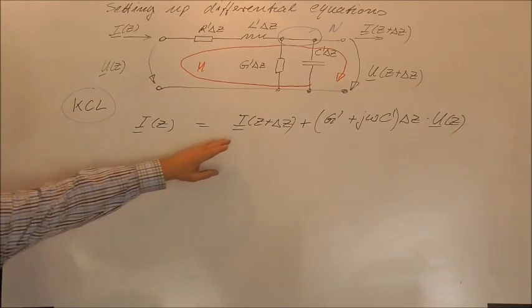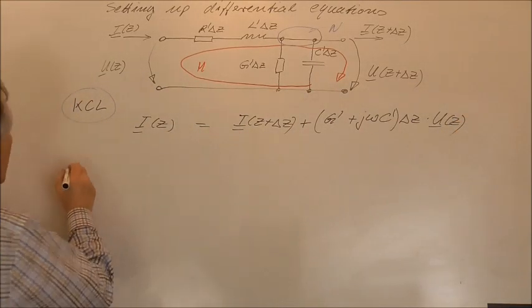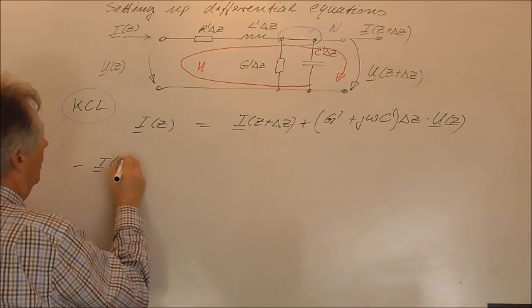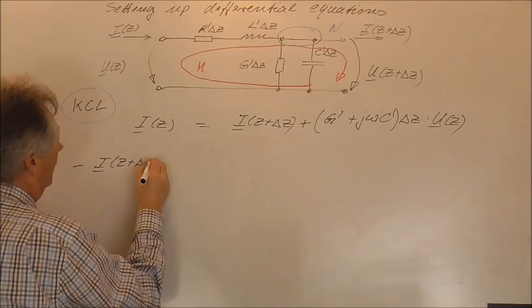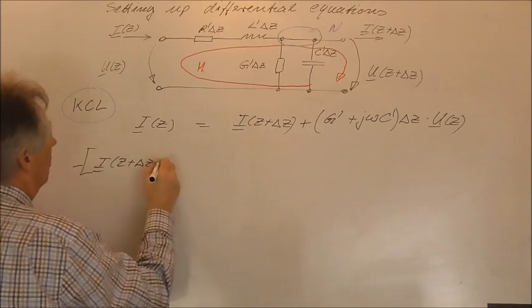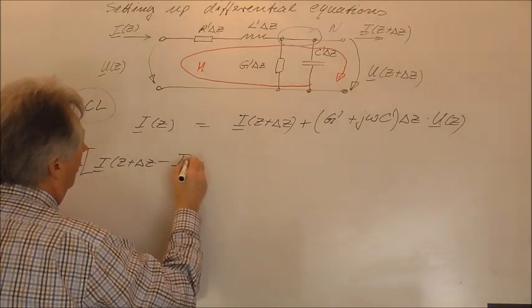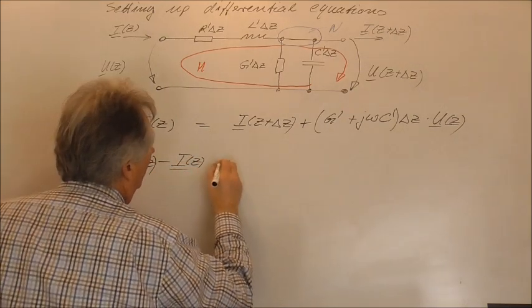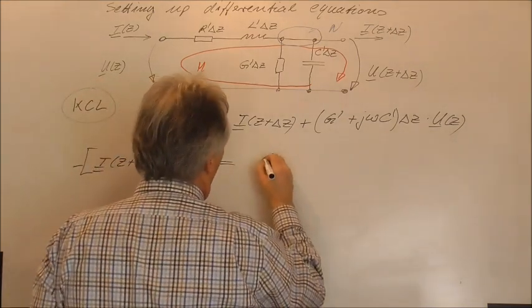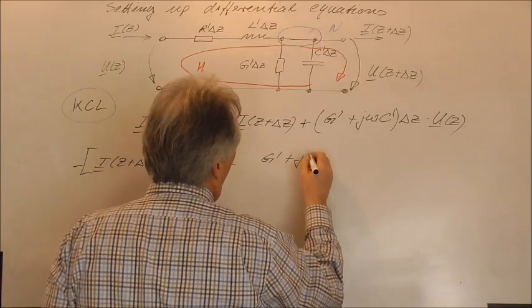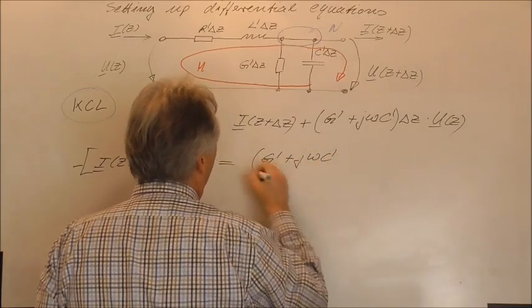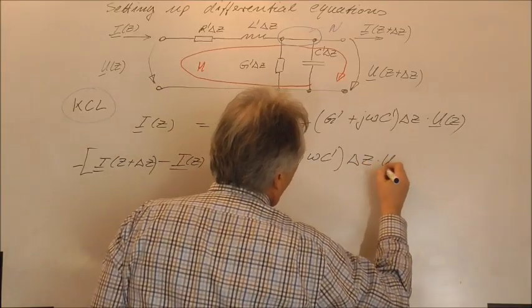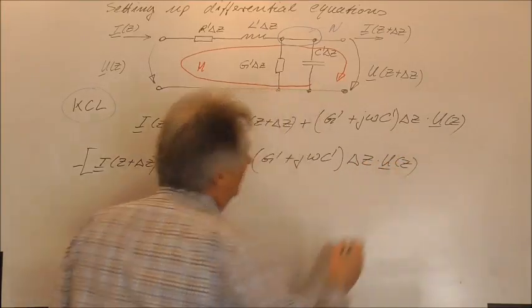And again, we can bring this to the other side, so we will have I of z minus I of z plus delta z. This is equal to (G prime plus j omega C prime) times delta z times u of z.